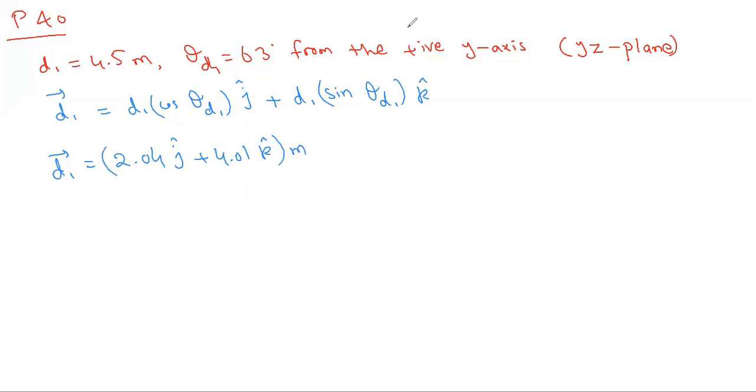Now the second vector d2, the displacement of the second vector is 1.40 meters, and theta of d2 is 30 degrees from the positive x-axis, and the vector has a z component, according to the statement.